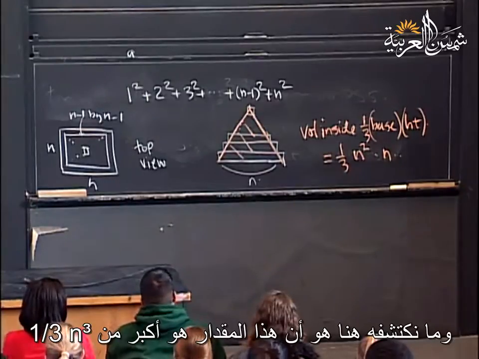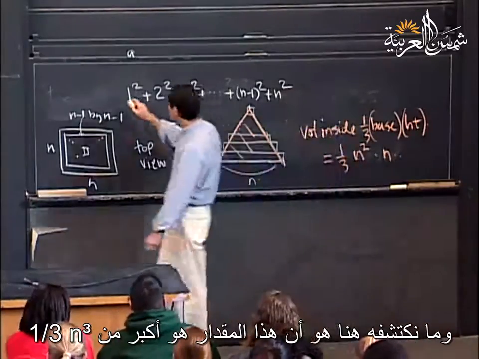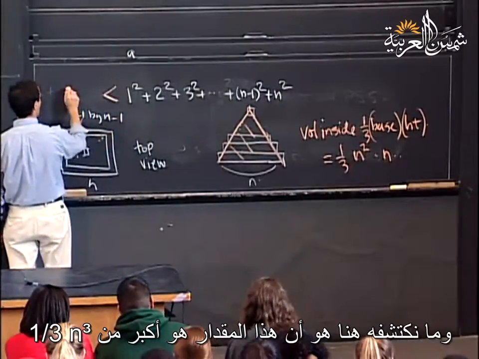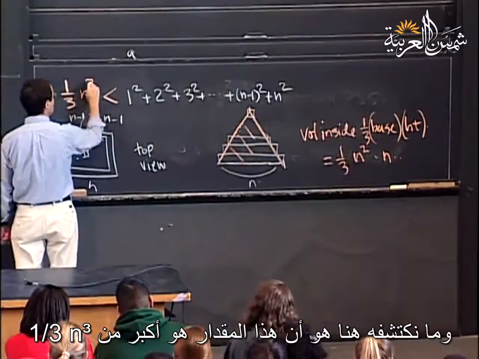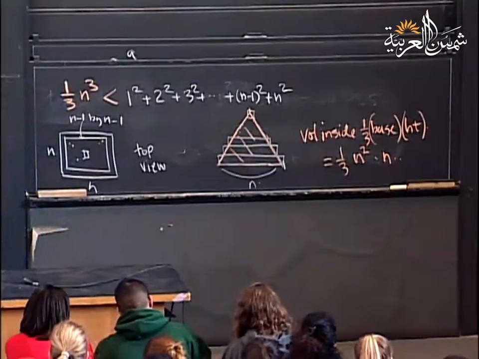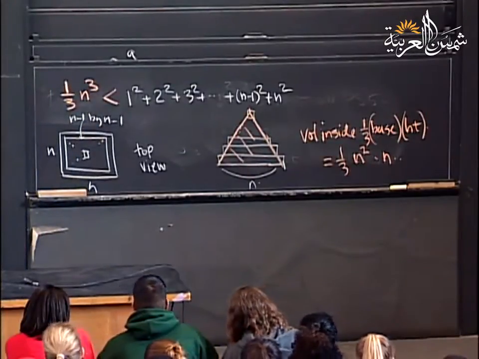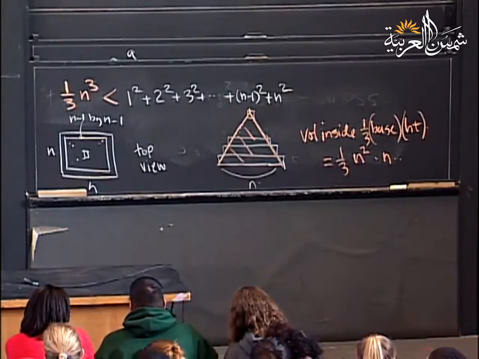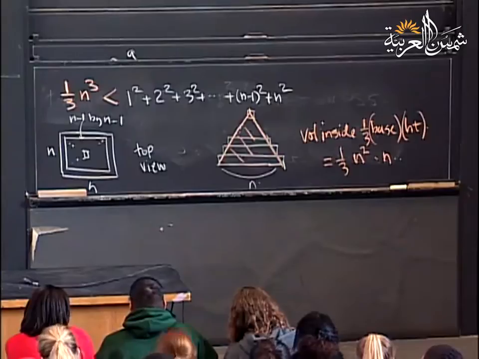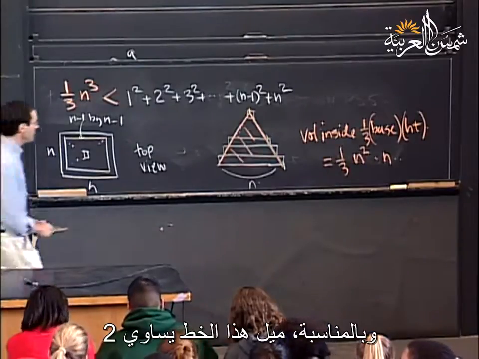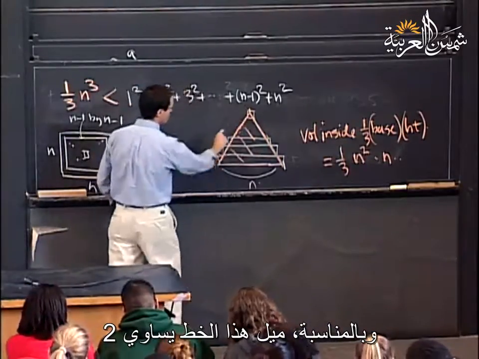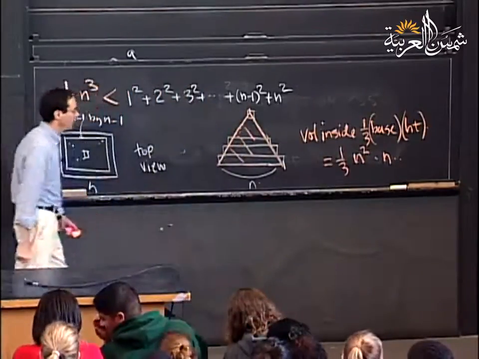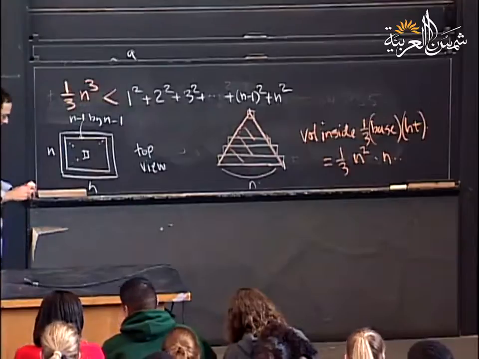And what we've discovered here is that this whole sum is bigger than 1/3 n cubed. Now, I claimed that this line, by the way, has slope 2. So you go half over each time you go up 1. That's why you get to the top.